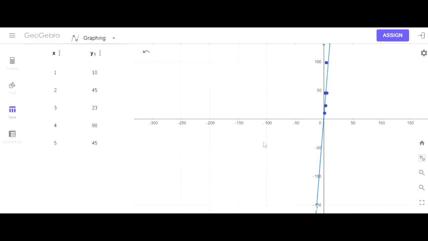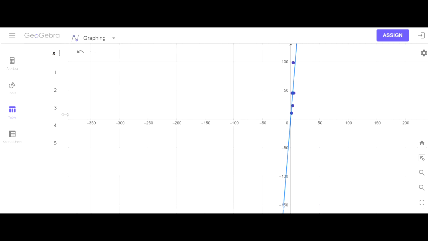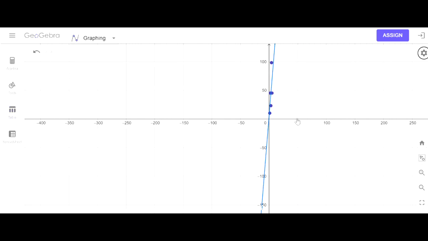I can make this graph bigger to show more by clicking right here and dragging away my table. Now we're going to click on my line right there, and it brings up this little menu. If I click on these two A's, it says show value.